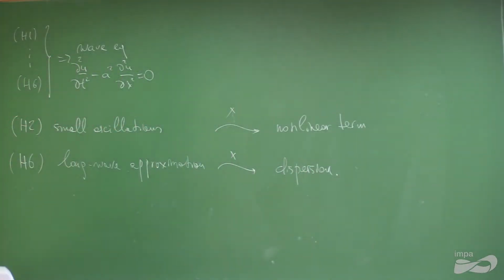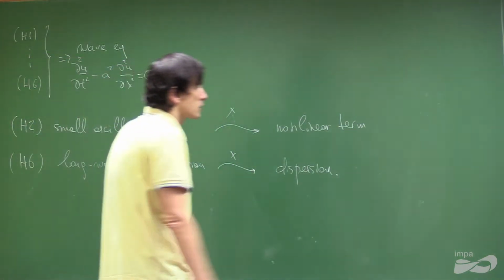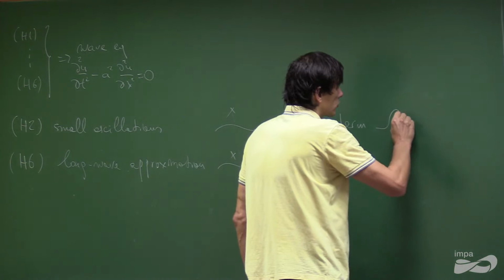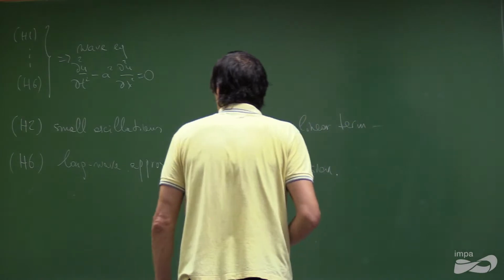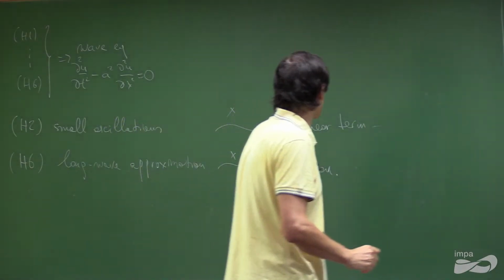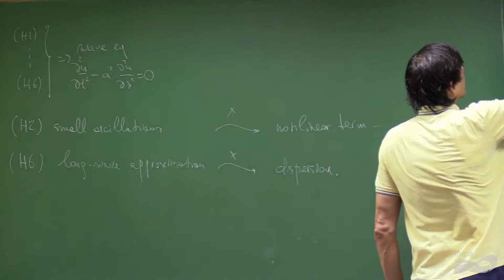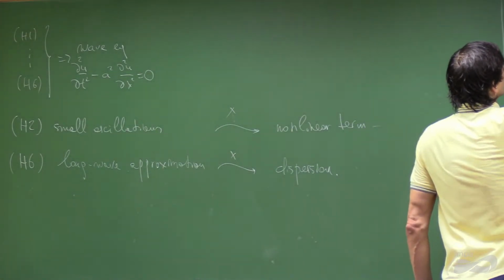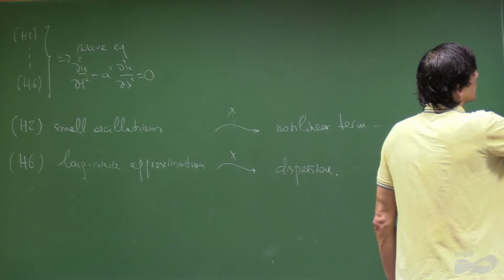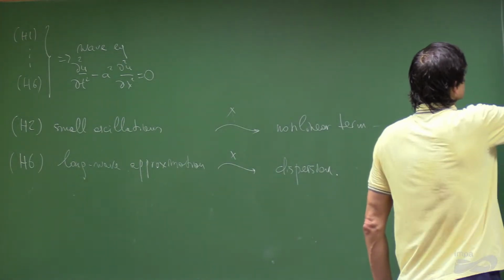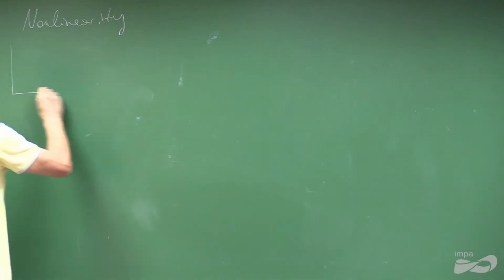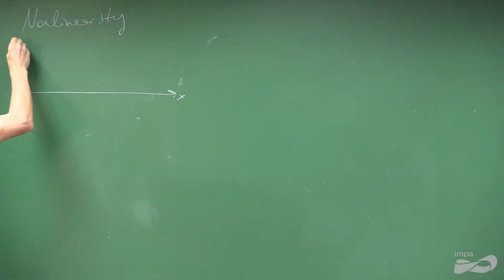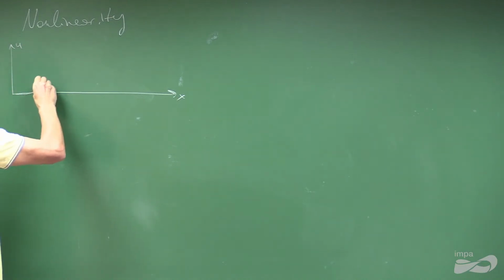And separately, we saw what happens in the first case, nonlinear, if you start with a wave. So what does nonlinearity do if you start with some wave moving in a certain direction, say to the right?